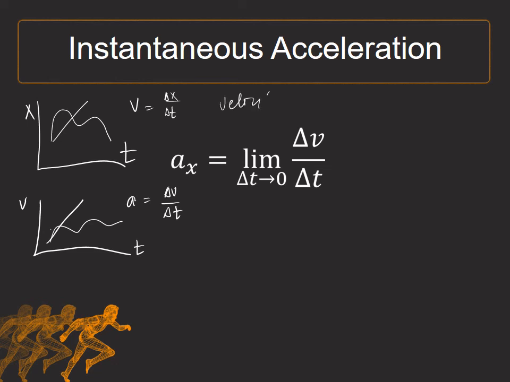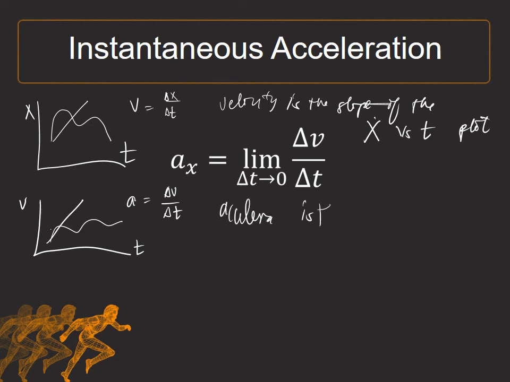Velocity is the slope of the position x versus time graph or plot. On the other hand, acceleration is the slope of the velocity versus time plot.